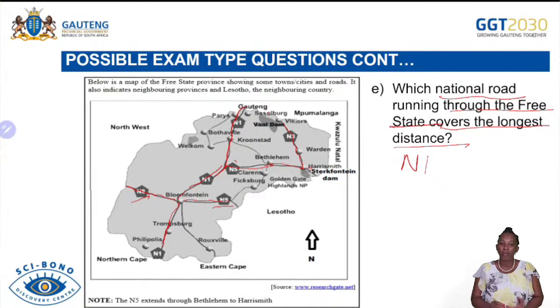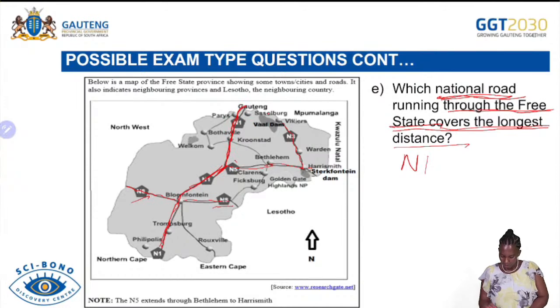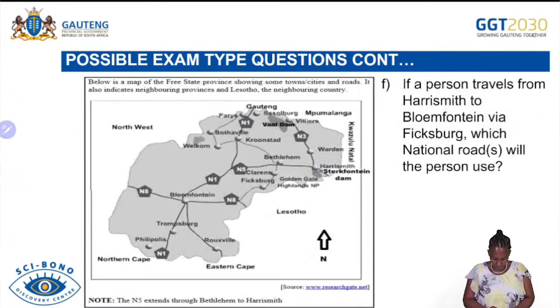You just need to be able to interpret the map with the given information, because they're asking you about the national road that is running through the Free State and covers the longest area. As you can see, it covers the longest because this is where it starts. There's N1, and then there's N1 again. So it means it's the one that covers the longest distance.